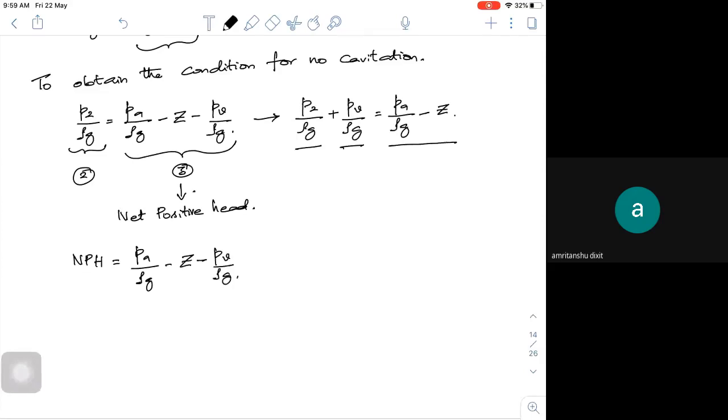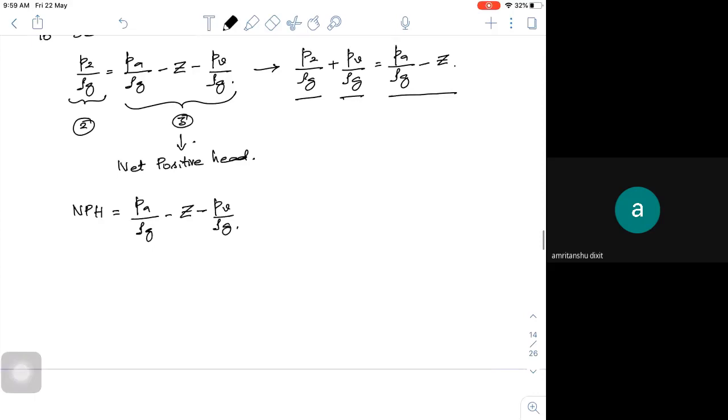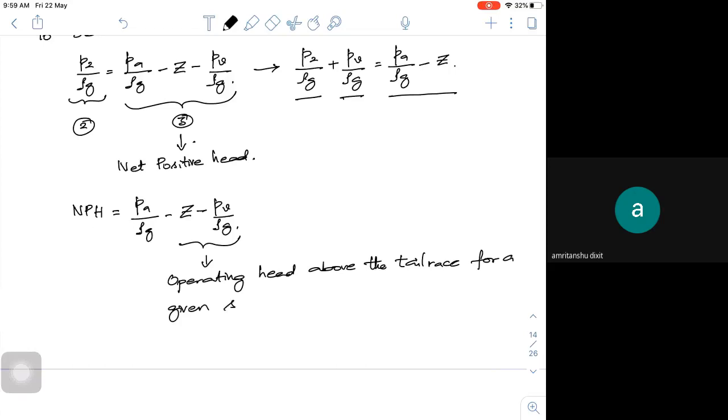Anyhow, atmospheric head is there. This becomes your operating head above the tail race for a given situation or condition.